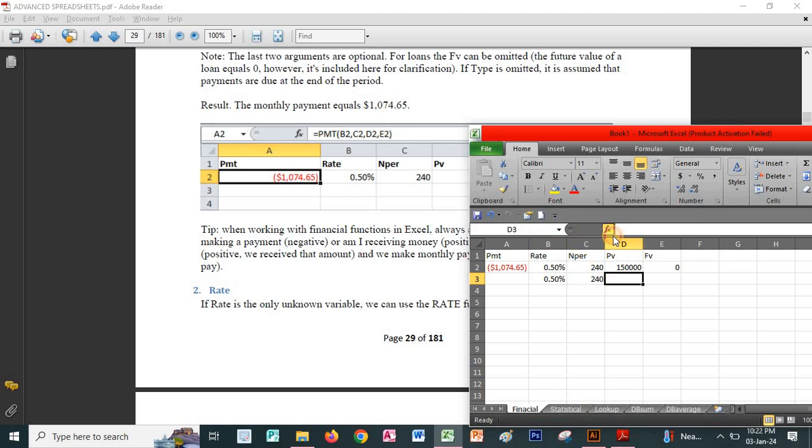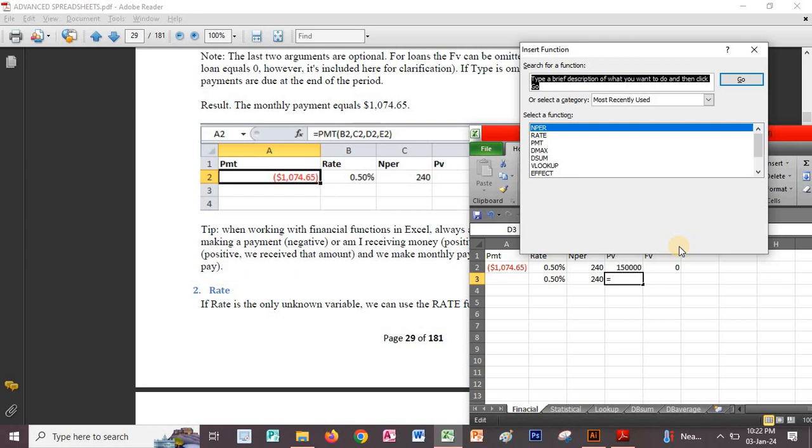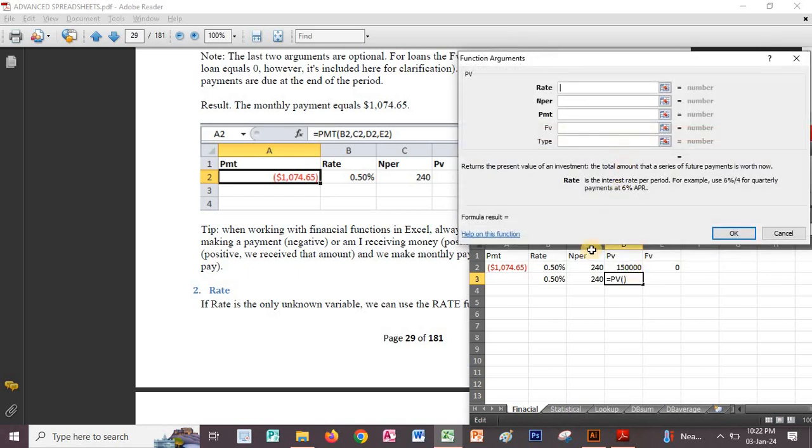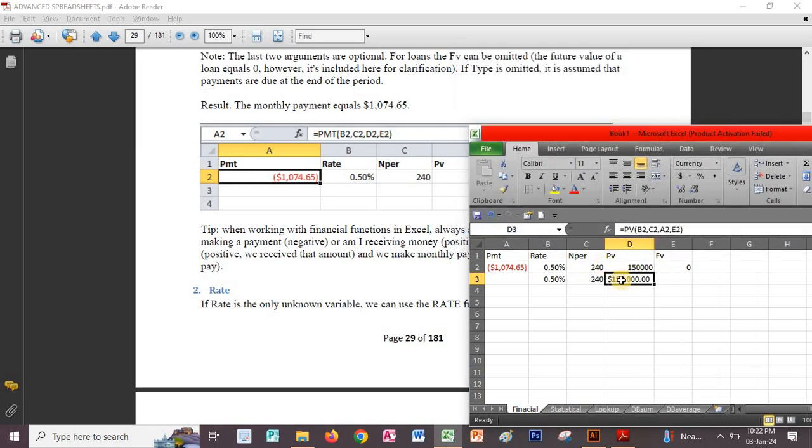If we know the rest but we don't know PV, that can be calculated for us. So given the rate, nper and PMT, and the future value is also given, now it is possible to calculate the PV.